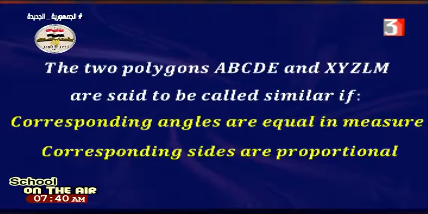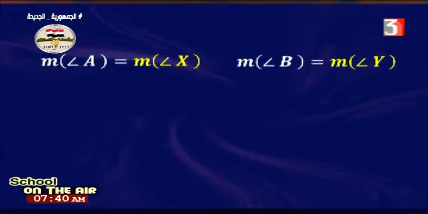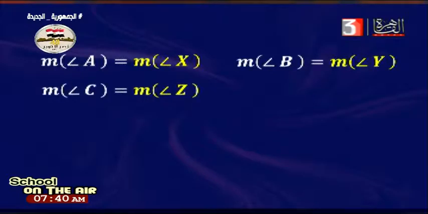What's meant by corresponding sides are proportional? Let us see. Measure angle A equals measure angle X, so two corresponding angles are equal in measure. What else? Yes, measure angle B, the second letter, equals measure angle Y, the second letter in the other polygon. What about measure angle C? Yes, it is equal to measure angle Z, so the third letter in the first polygon equals the third letter in the other polygon.